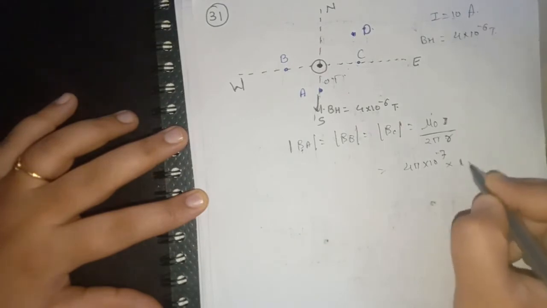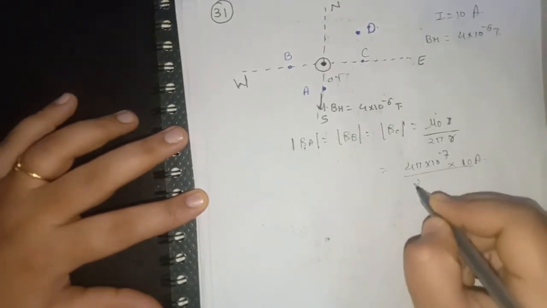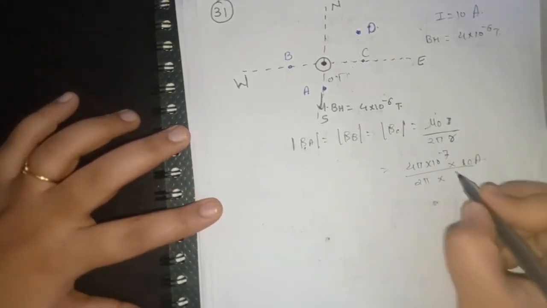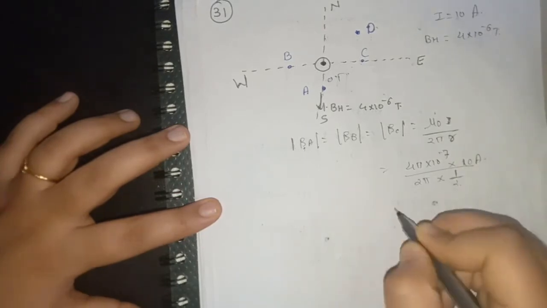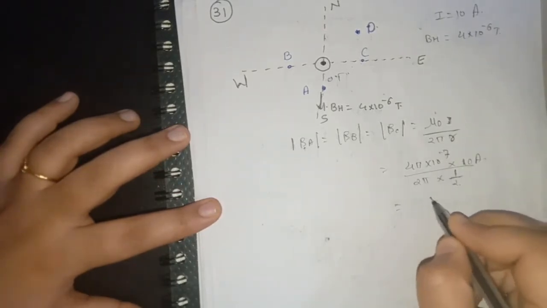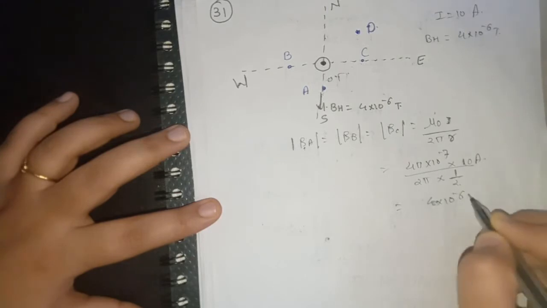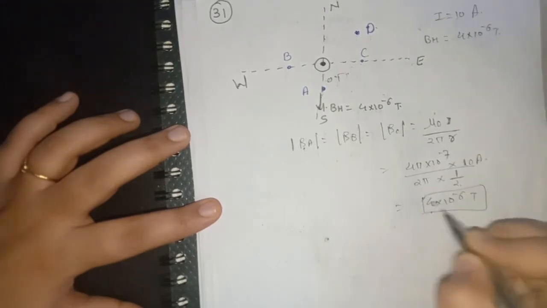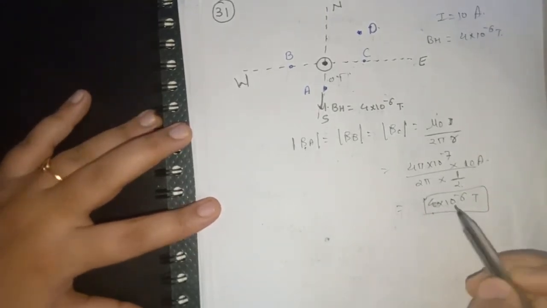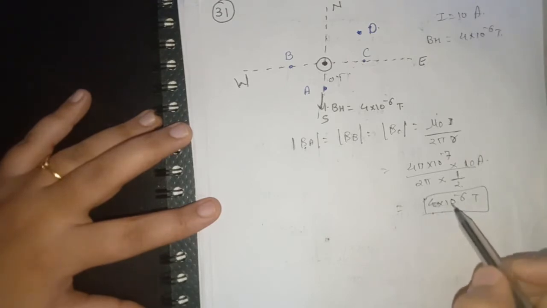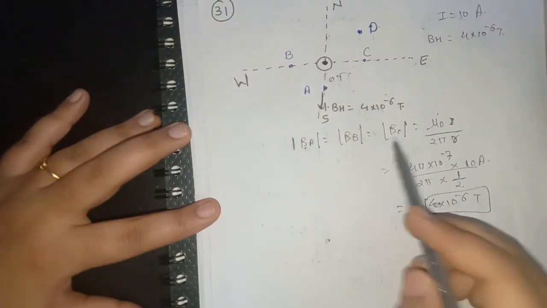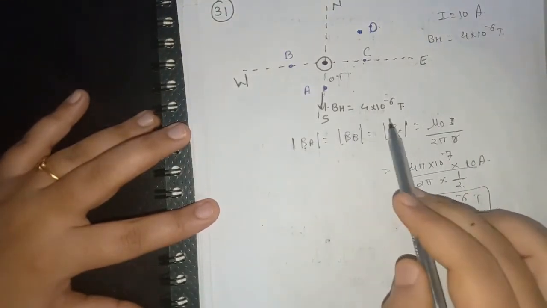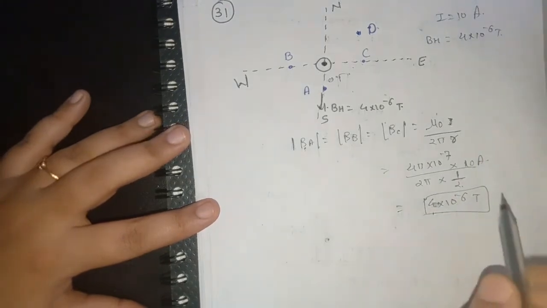Current is given 10 ampere divided by 2 pi into r is 0.5, that is 1 by 2. So this will be 4 into 10 power minus 6 Tesla. Here we can see that the magnitude of magnetic field at points A, B and C and the horizontal component of magnetic field are the same.